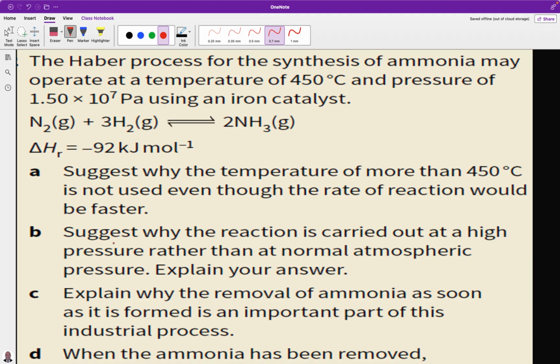B. Suggest why the reaction is carried out at a high pressure rather than at normal atmospheric pressure. Explain your answer. Remember, at high pressure there is more frequent successful collision between the particles and the walls of the container.